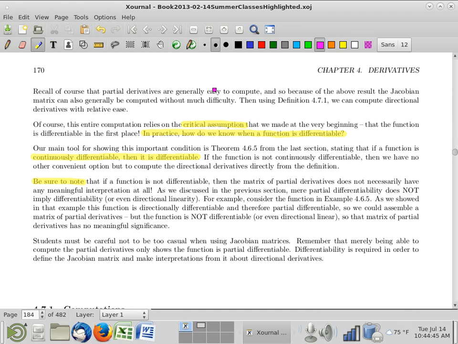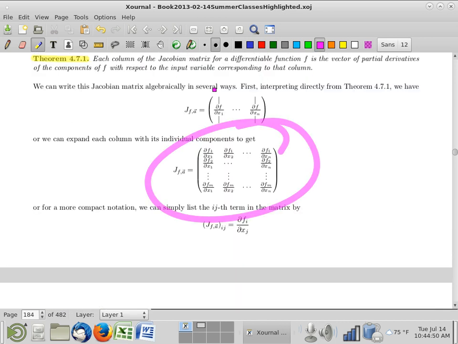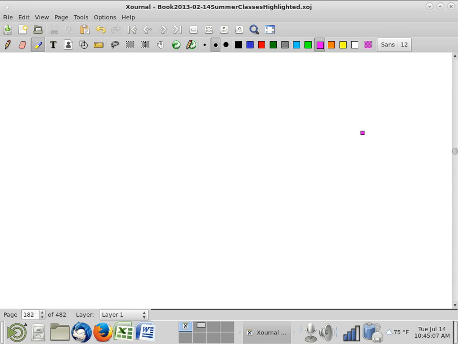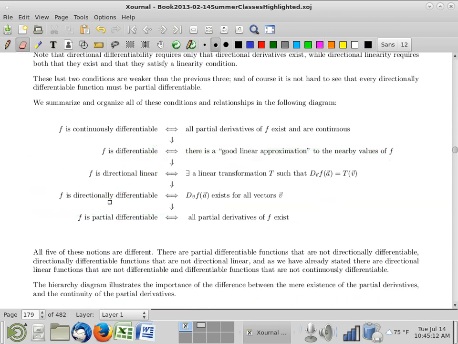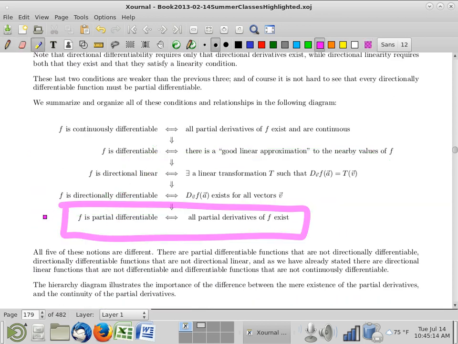Right. So I do feel it necessary to point out sometimes students get a little too confident in the applications of this matrix. Don't forget that even though partial derivatives are easy to compute, arguably they're a little too easy to compute. If you just start computing partial derivatives, well, in some sense, all you know is partial differentiability, which is not much.